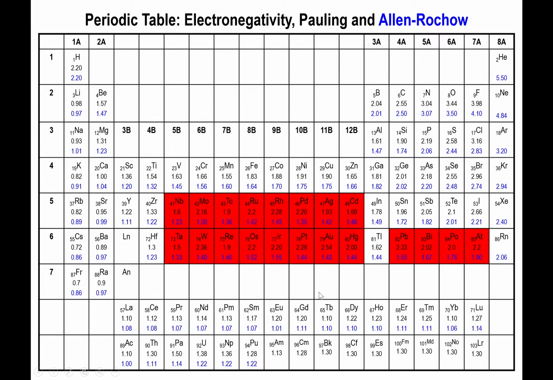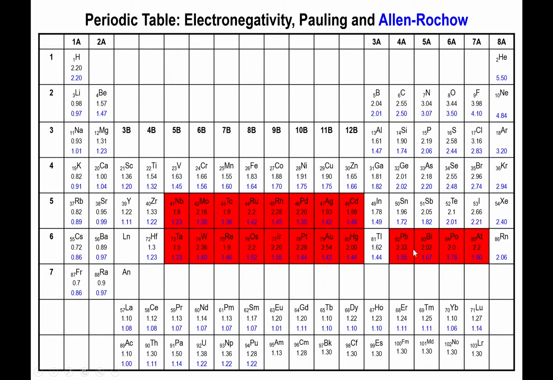The ones you have to be aware of, which really are not working all that well in terms of the approximation, are the elements on the bottom row of the table. Heavy metals like mercury or platinum are actually pretty bad in terms of the approximation. The approximation tells you the values are somewhere around 1.5, 1.4, when in reality the experimental electronegativity values are higher by a whole unit, like 2.2, 2.5.